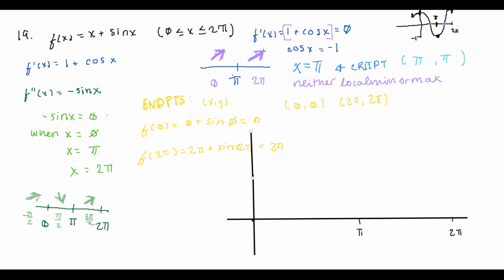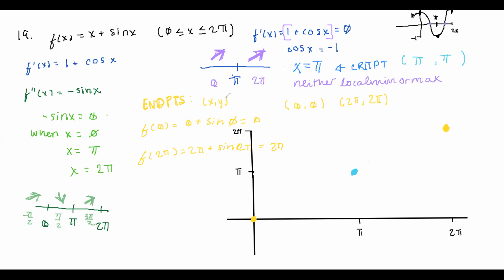And this is going to be pi, and this is going to be 2 pi. So I have these points, right? 0, 0. I have 2 pi, 2 pi, and I have pi, pi.